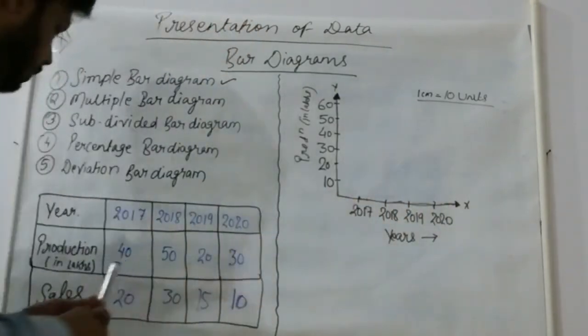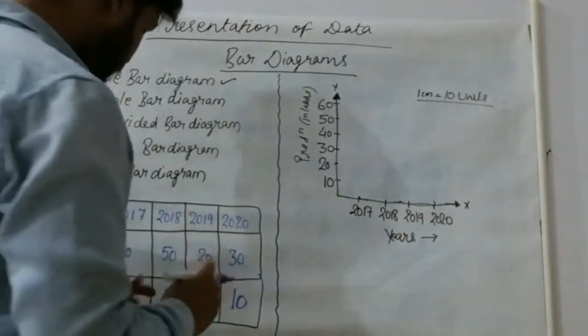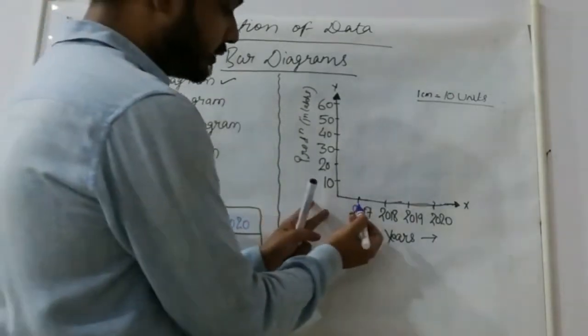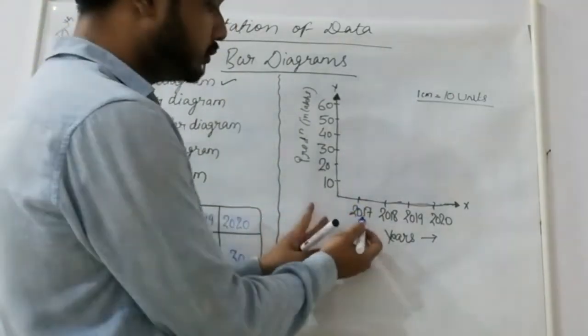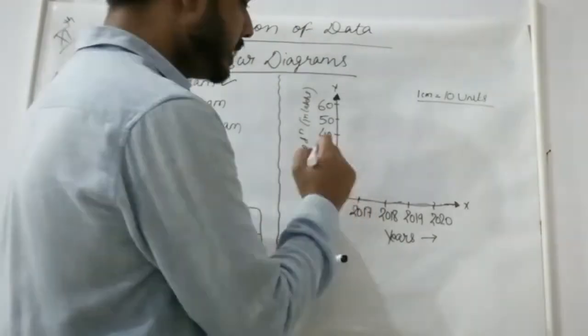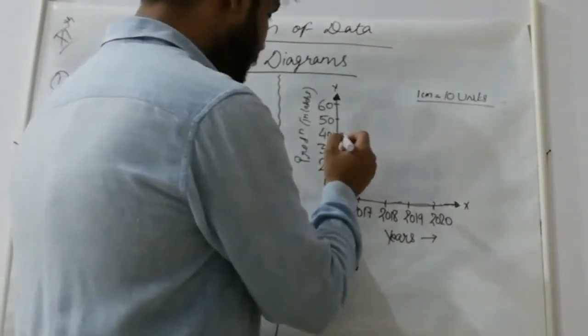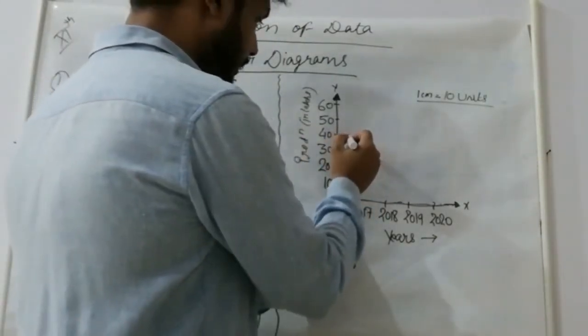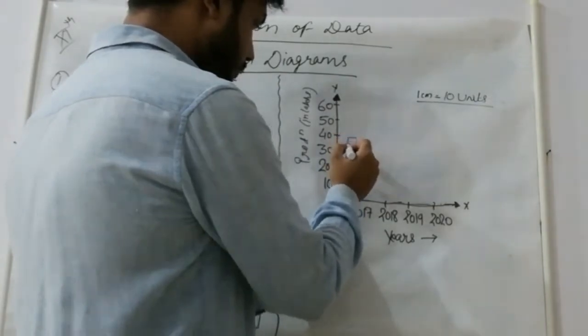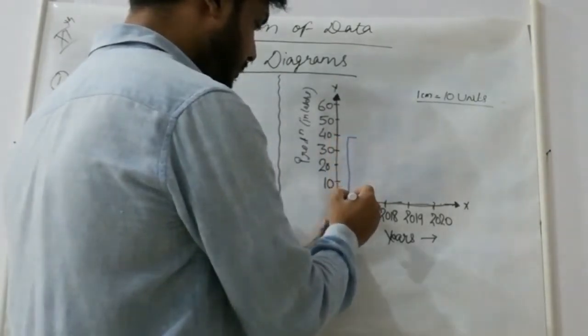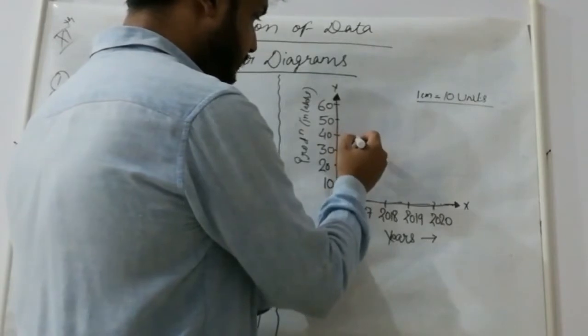We just need to plot the points for production and sales. It means that in 2017 we have to show both, production and sales. So remember, our production is 40. We will decrease the width because we do not have much space here.